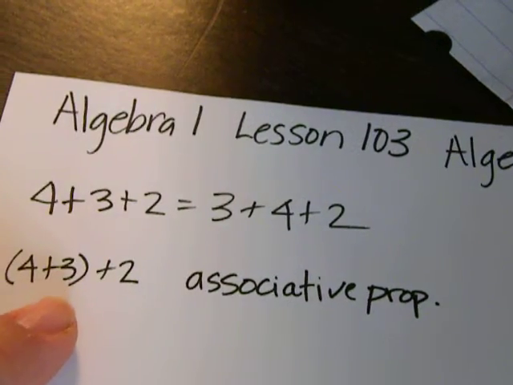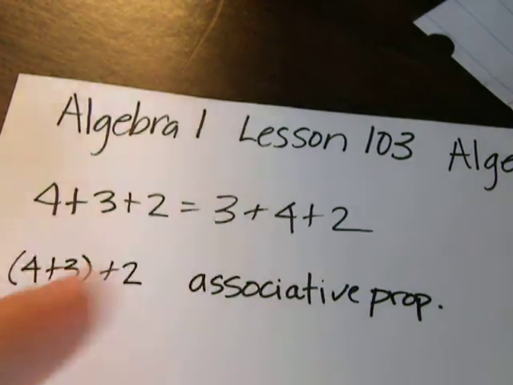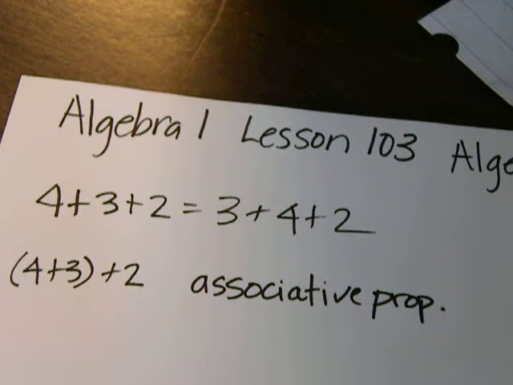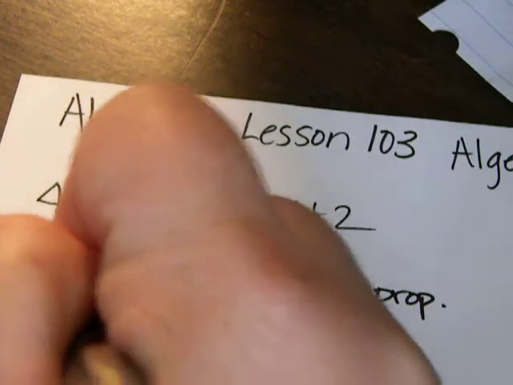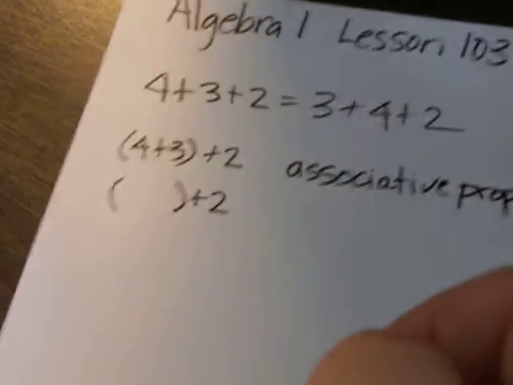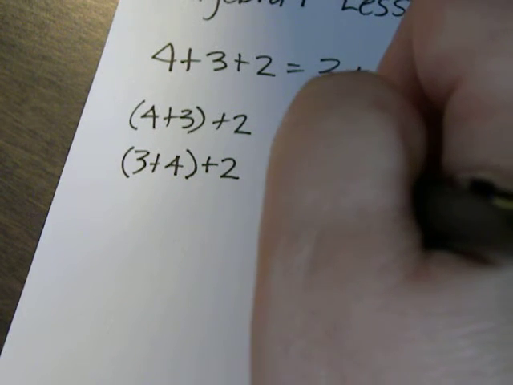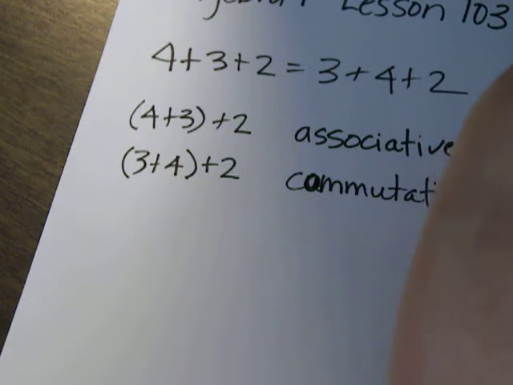We've started by associating 4 plus 3 plus 2, so we say that's the associative property. Now our goal is to make this look like this. So the next step is we just need to take these two and switch them. And the way that we switch them is using the commutative property. So the 2 stays where it is, and we're going to take 3 and 4 and switch them, and that is using the commutative property.